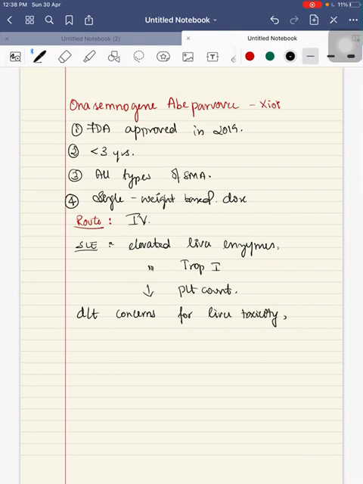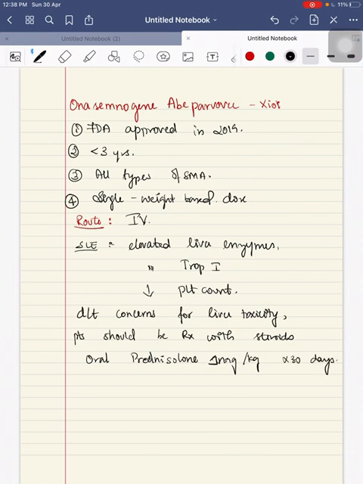Because of the concerns of this liver toxicity, patient should be treated along with steroids.